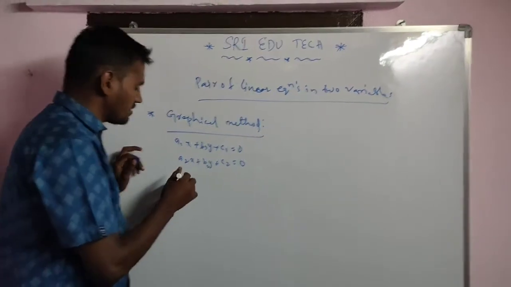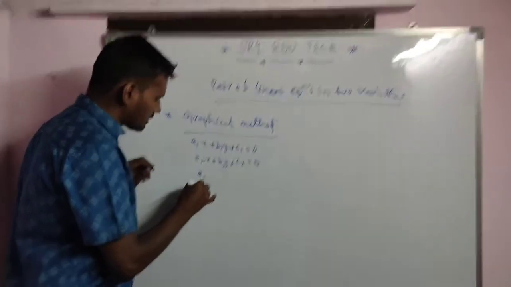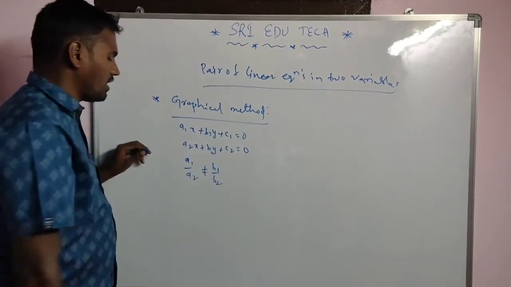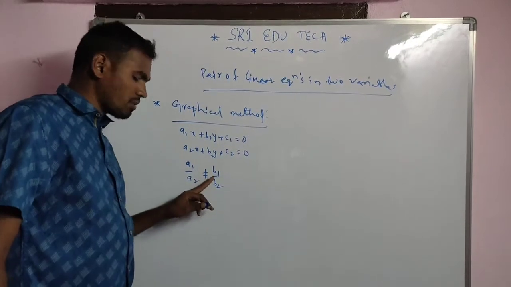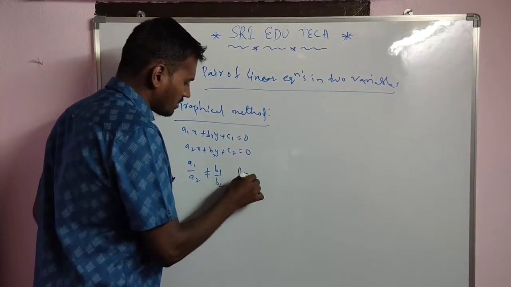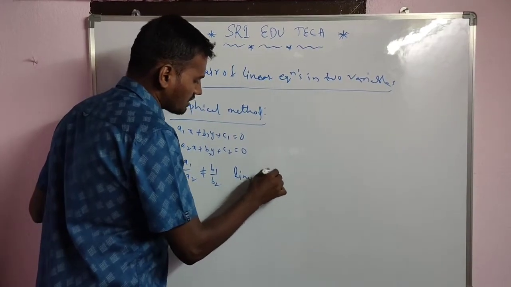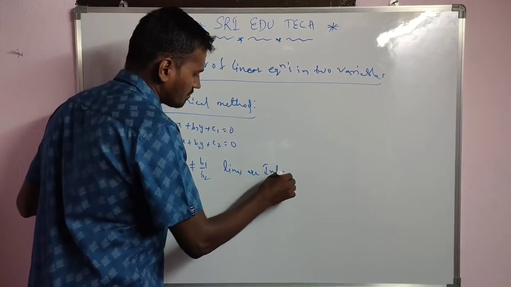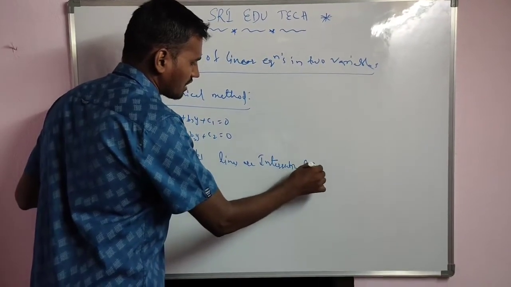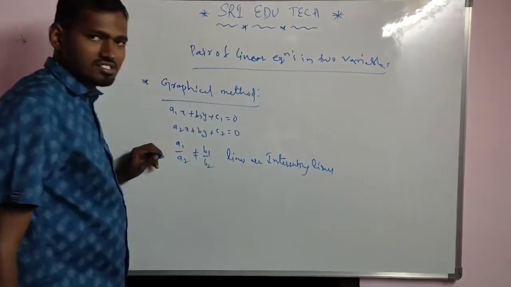In this, if a1 by a2 is not equal to b1 by b2, then the lines are intersecting lines.